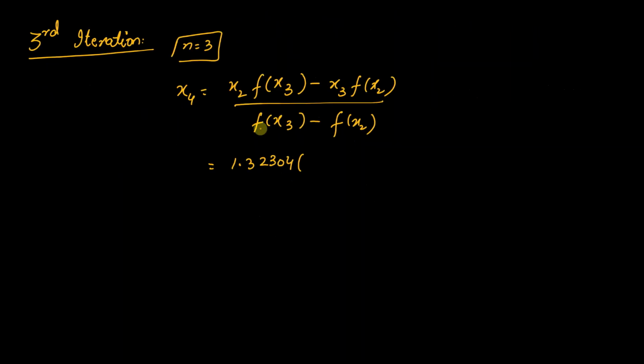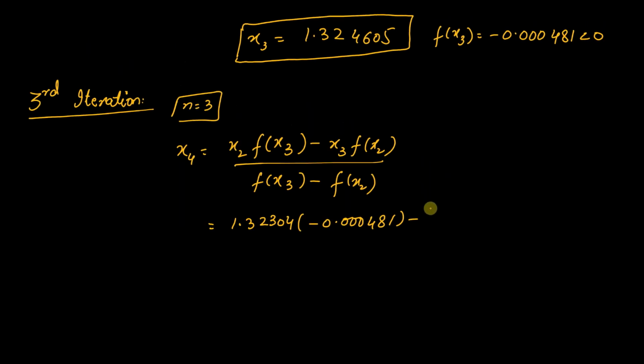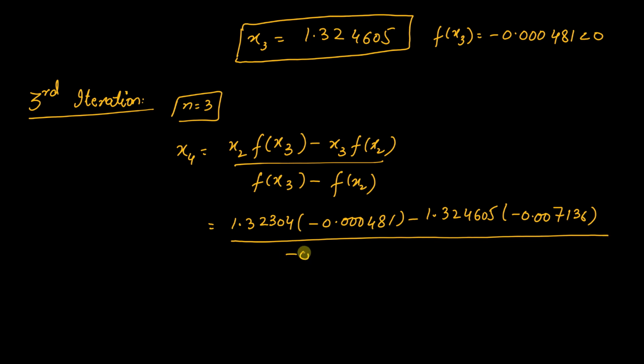So we need to substitute here. Negative 0.000481 minus the value of x3 should be 1.324605, and f of x2 is negative 0.007136, divided by negative 0.000481 minus, and f of x2 is negative 0.007136.